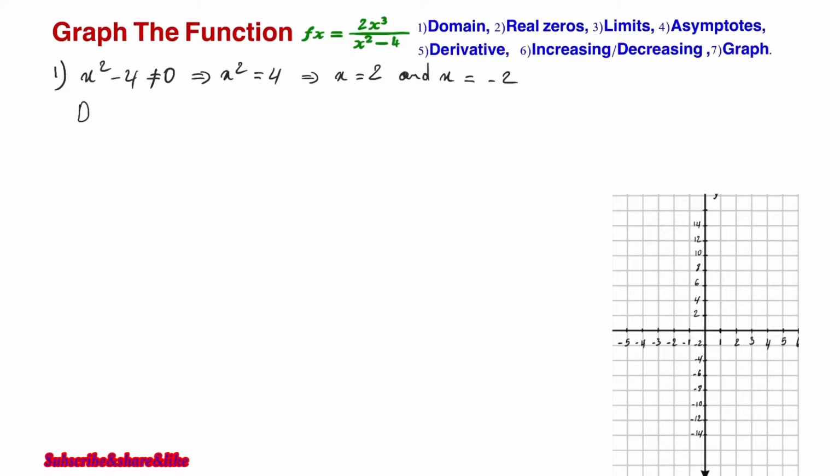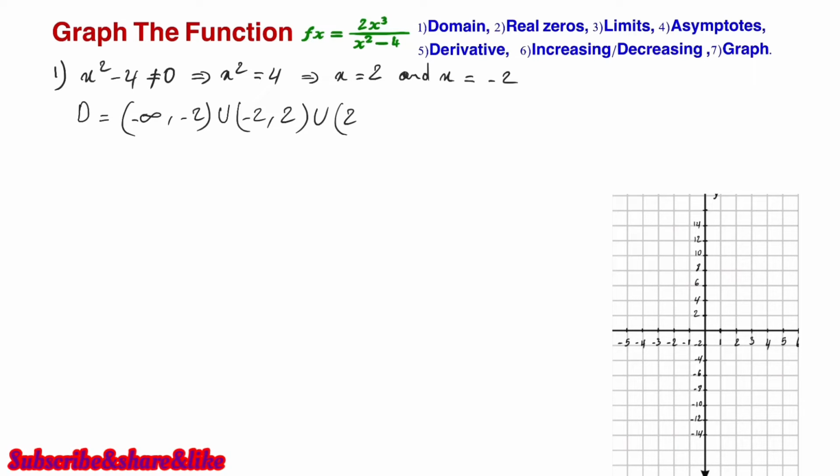Therefore, D, the domain, is going to be equal to minus infinity to minus 2, union minus 2 to 2, union 2 to infinity. This is the domain of this function.